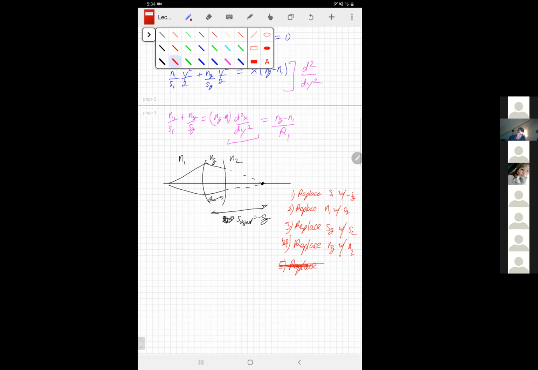So if we make all of those changes, we get that minus NG over SG plus N2 over S2 equals N2 minus NG over R2, or NG minus N2 over negative R2. And that is the second half of the lensmaker's equation.